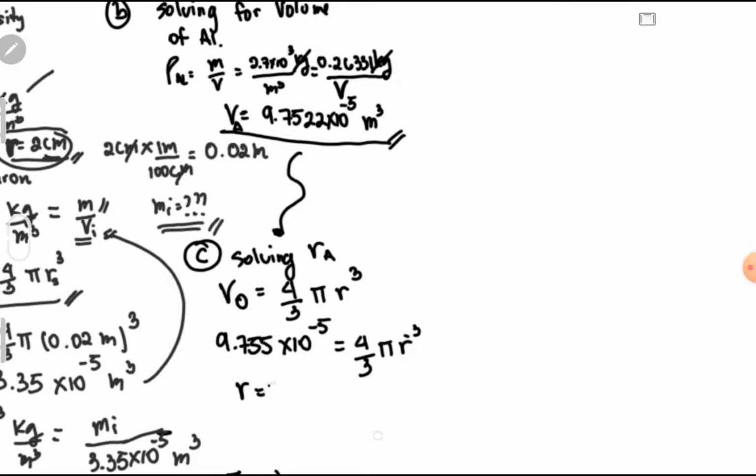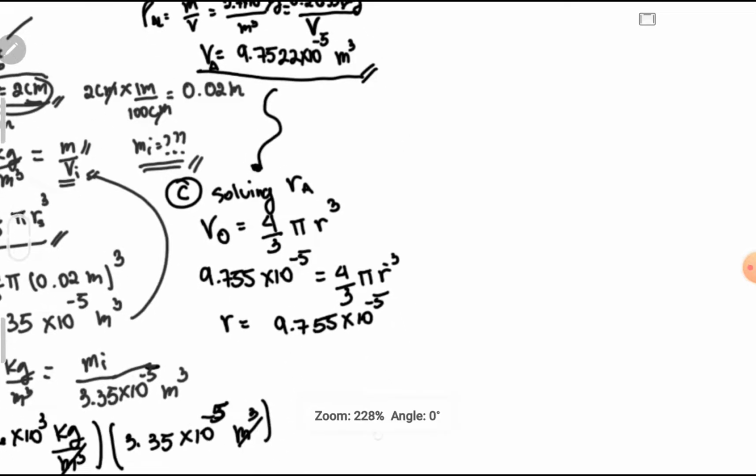Solving for my R, I will have 9.755 times 10 raised to negative 5 divided by 4/3 pi, in parentheses, and then we raise it to 1/3 in order to eradicate the cube.